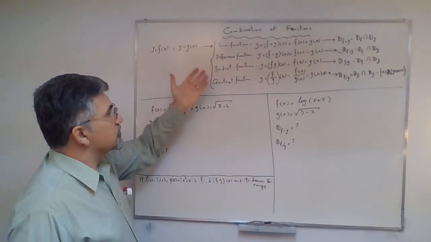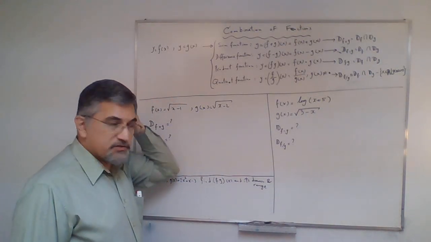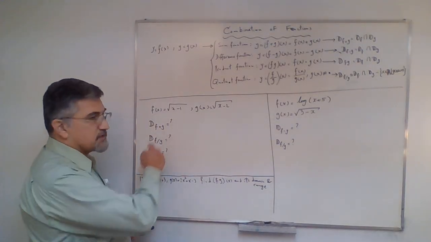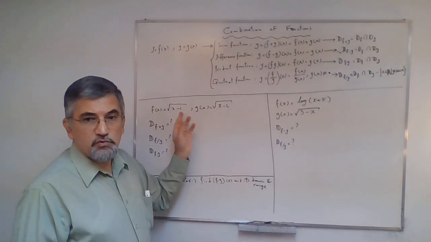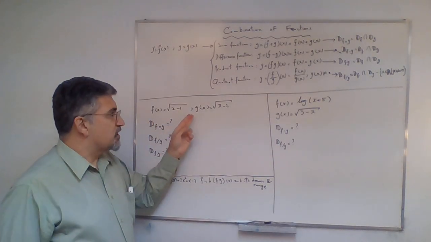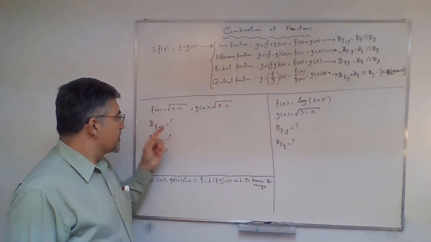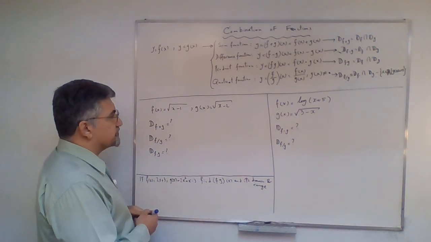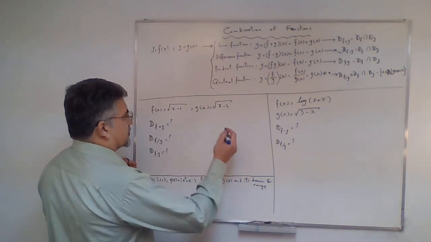Okay, so this was just the basic definitions, and here are a few examples for you. f of x and g of x are both square root functions here. f of x is square root of x minus 1, g of x is square root of x minus 2. We want to find domain of f plus g. Now, first of all, what is f plus g?